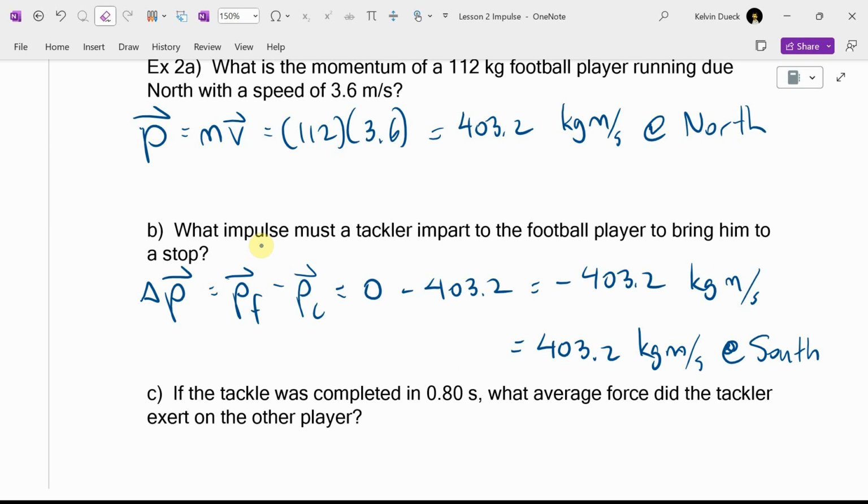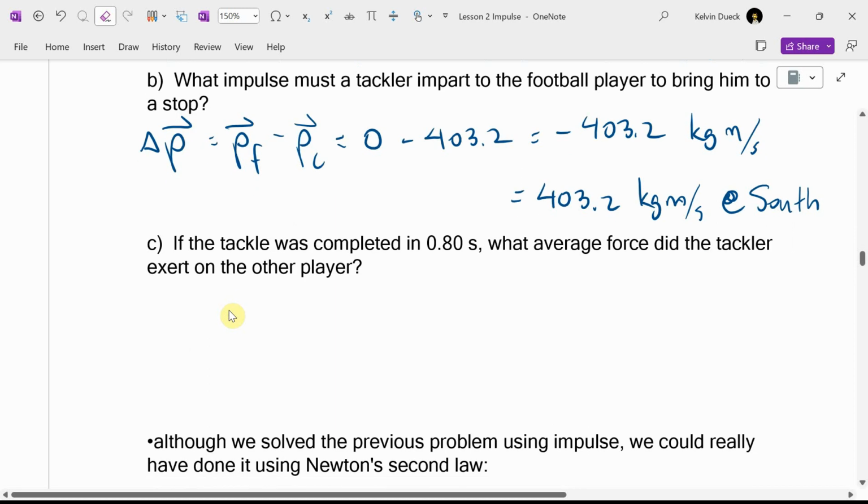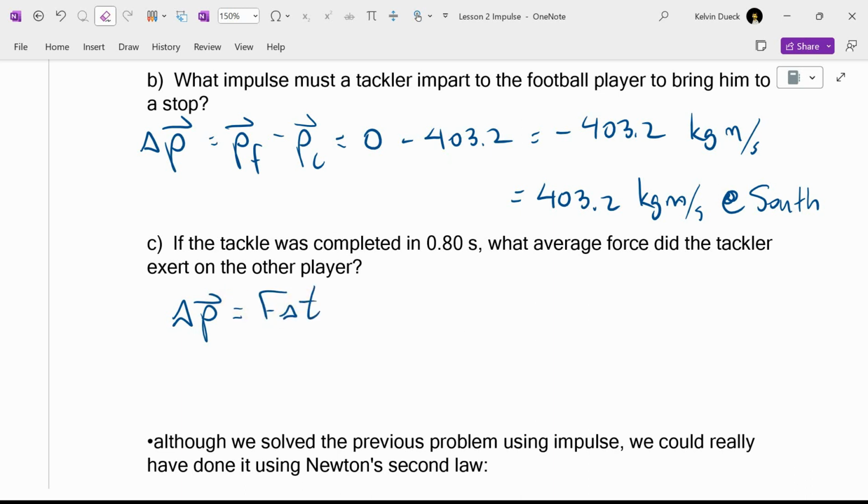Matt, what's part C asking me to find? Force. I could go F equals what? But what did I just find in part B? Impulse. I'm going to use the force version of the impulse equation, the one that says impulse also equals force times change in time.